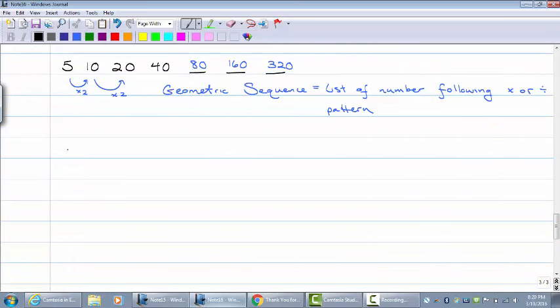First example of the day. I want to know what it is that makes this a geometric sequence instead. It's a geometric sequence because it is times 2. Instead of calling it a common difference, we're going to call it a common ratio. It is the number that you're using to multiply.